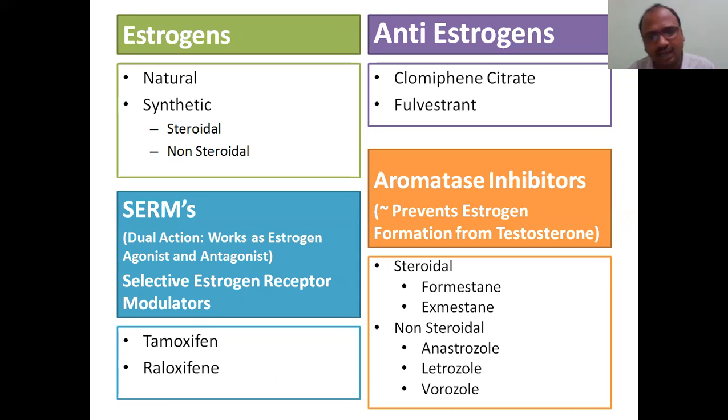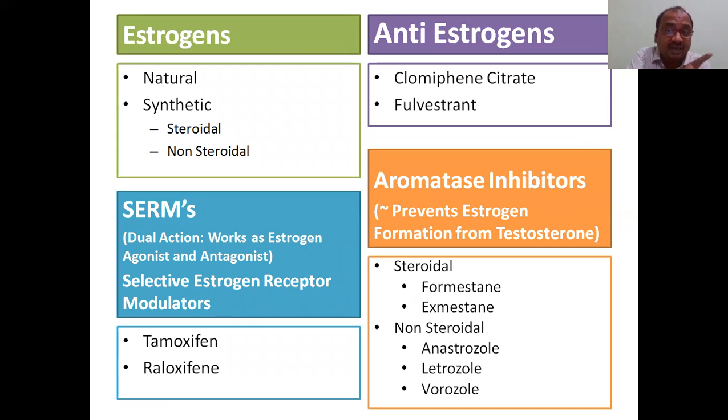Now you come to the aromatase inhibitors. These aromatase inhibitors prevent the formation of the estrogen itself. They inhibit the conversion of testosterone into estrogen. Testosterone is a male sex hormone.